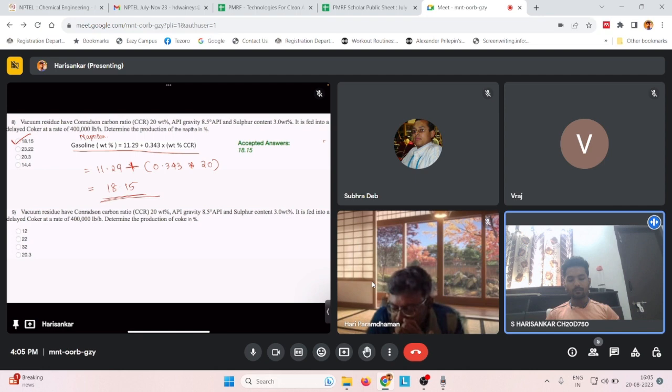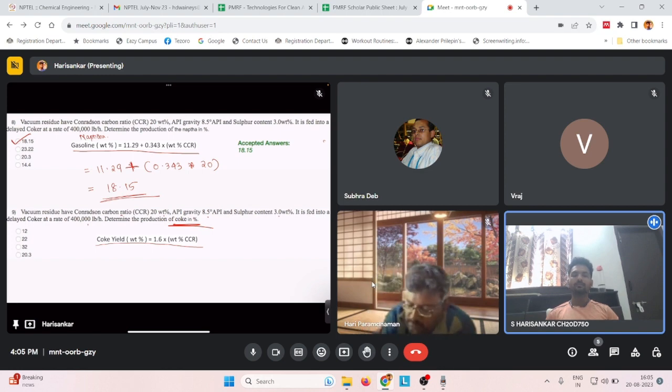In a similar way, for the same process, a vacuum residue with a carbon residue of 20%, API gravity of 8.5, sulfur content 3, is fed into a delayed coker at the same rate of 400,000 pounds per hour. Determine the production of coke in percentage. Again, we apply the same formula given in the lecture.